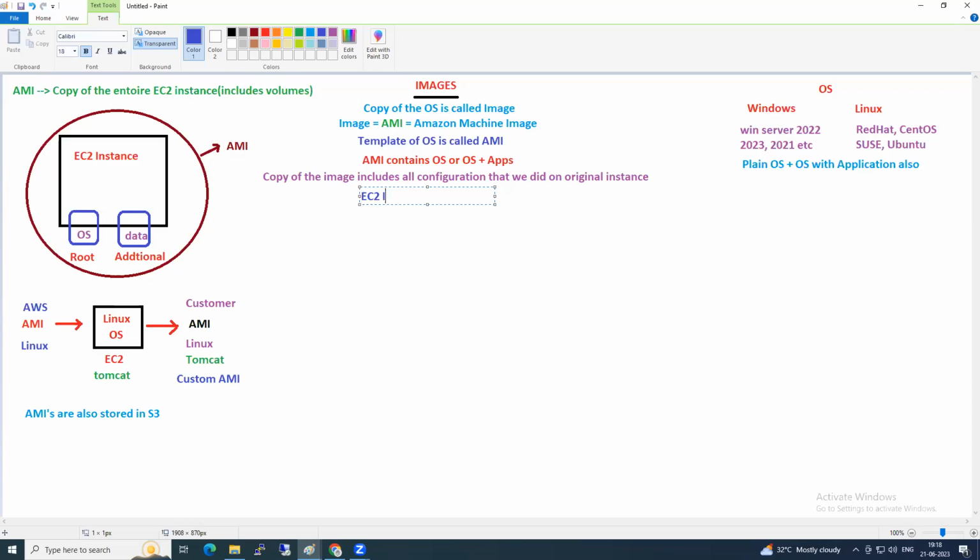So you have an EC2 instance. From this EC2 instance, can you create an image? AMI. From the image, what do you create again? EC2 instance.